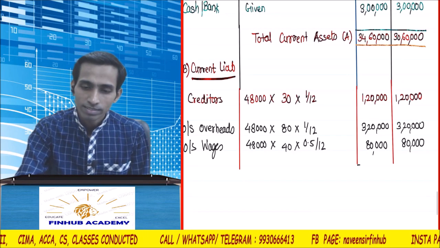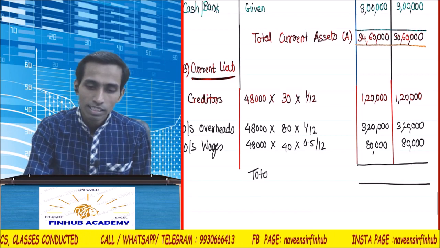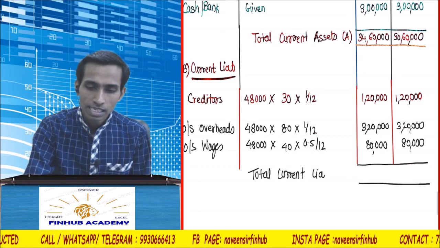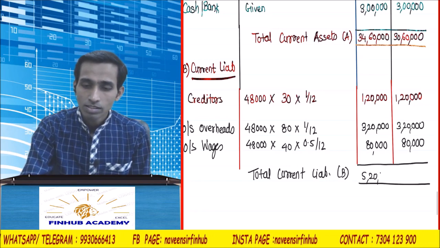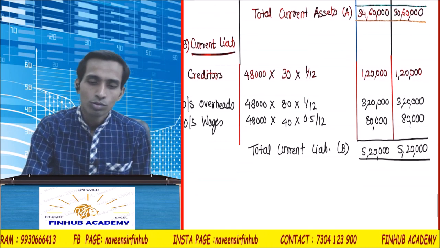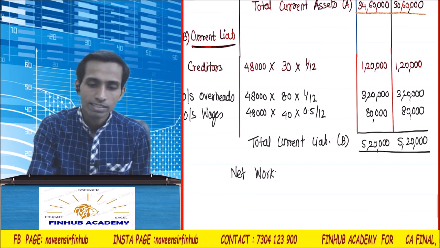Okay. What is the total? Total current liabilities, B. 5,20,000. Here also 5,20,000. Yes. So now we will get net working capital, that is current assets minus current liabilities.